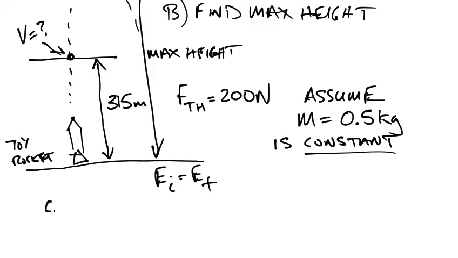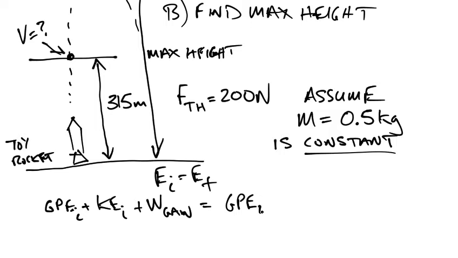Now, we have GPE initial plus KE initial plus work gain equals GPE final plus KE final plus work lost.